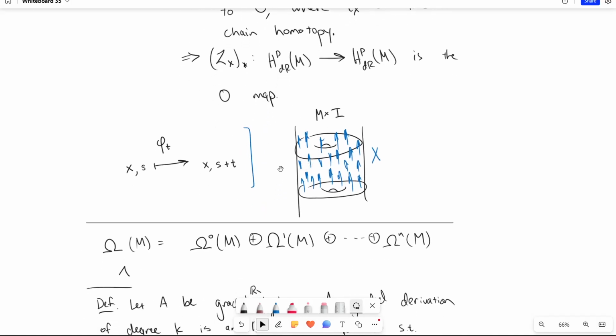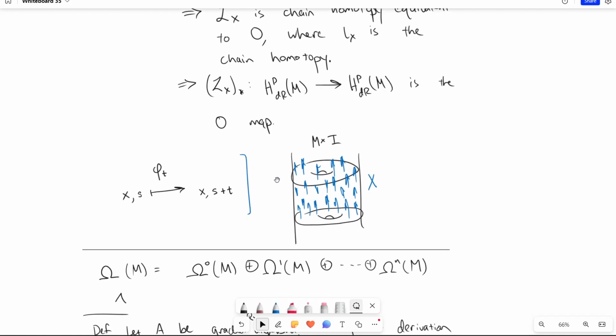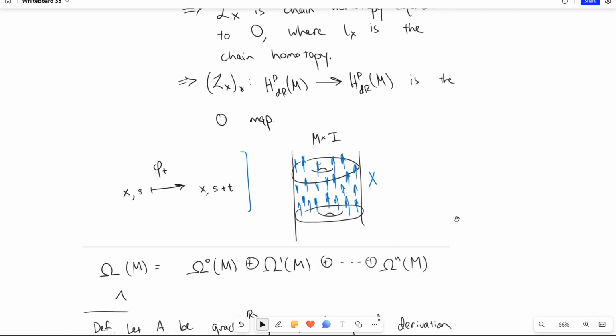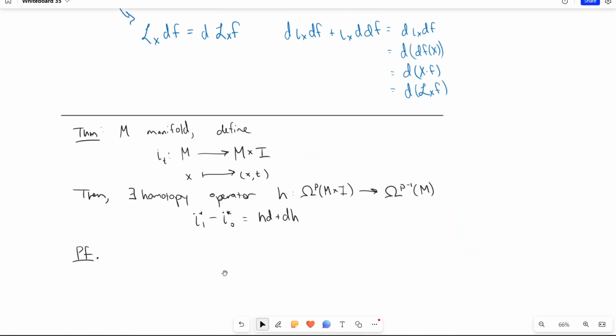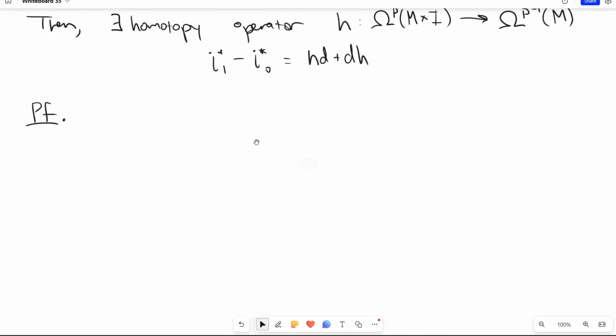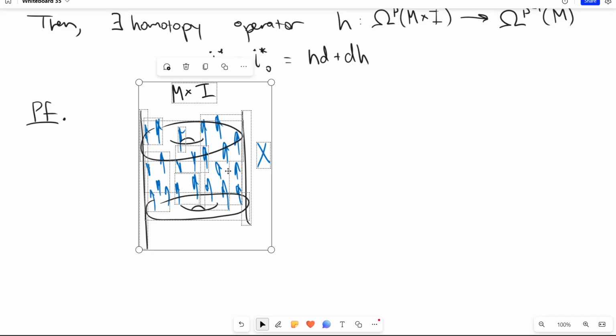Oops, it's refusing. Okay, let's try again. Select only the right things and not the wrong things. Now we can copy it. Now let's go back down and paste this down here.